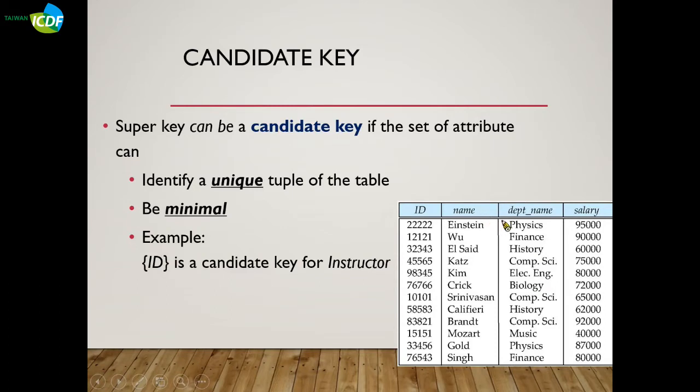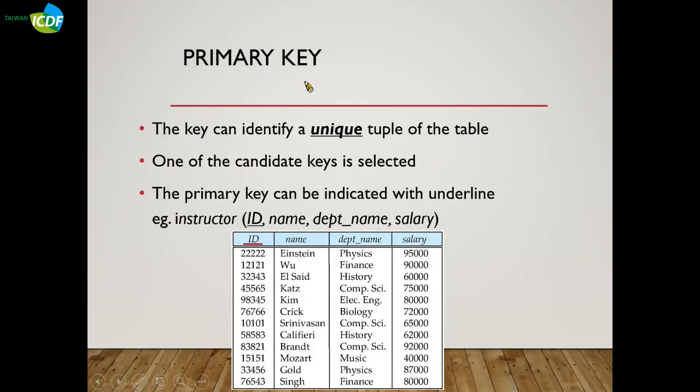In the instructor table, ID is the simplest combination of values for identifying the unique tuples. So ID is a candidate key for instructor. Primary key.